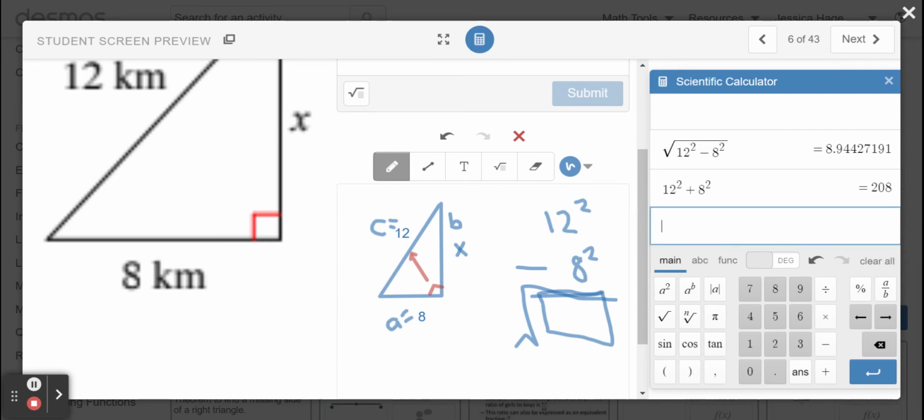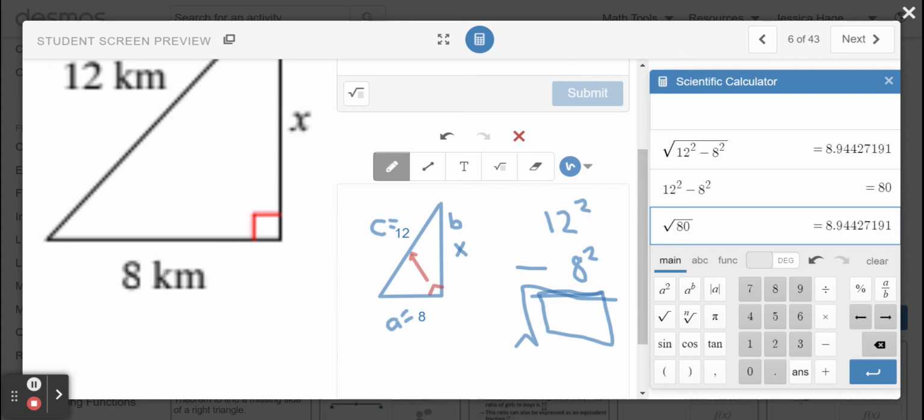And so the square root of 208 is 8.94. I can type it in correctly. Nope, it's minus. There I go again. We're subtracting 80. The square root of 80, I knew it was too high, is 8.94. So that's how they got that, by just typing that all in.